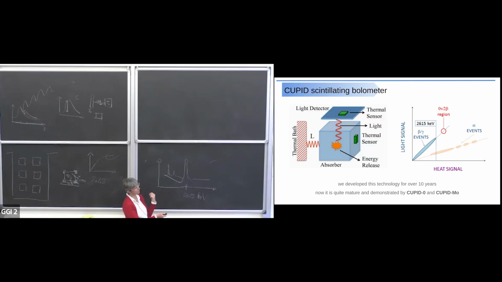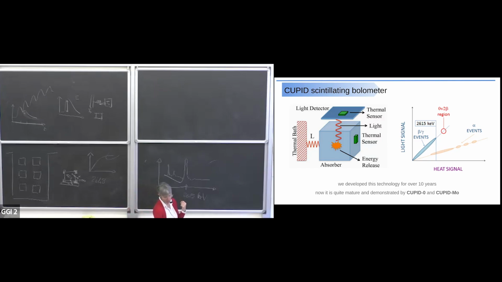This one is characterized by higher light signal, is populated by beta gamma events, and the neutrinoless double beta decay signal should stay there. The other is due to alpha events.